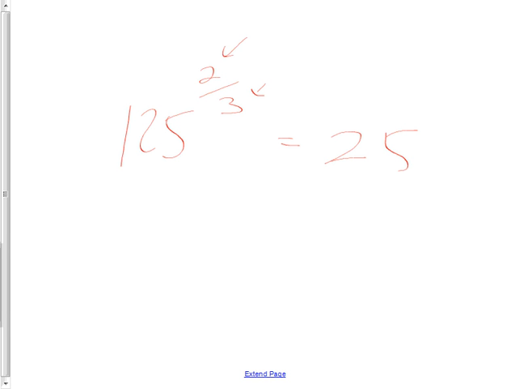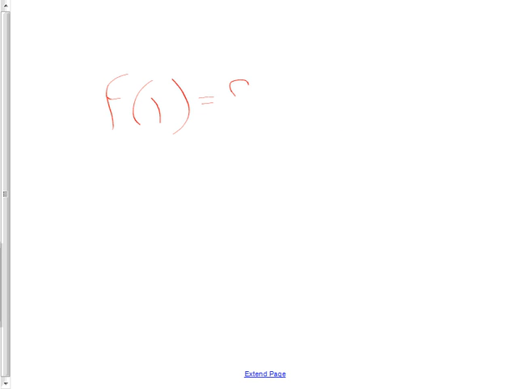Okay. Next part of your little worksheet asks you, given that f of 1 equals 8 and f of 3 equals 12, what is the equation for the line that goes through those? And all it really means is they just gave you 2 points, didn't they? 1, 8 and 3, 12.